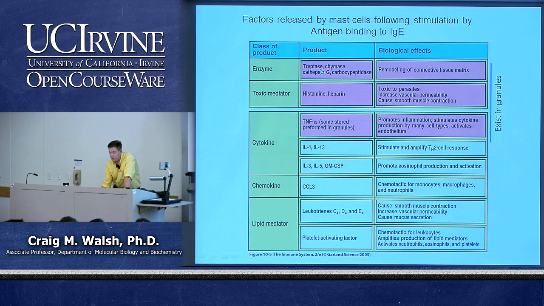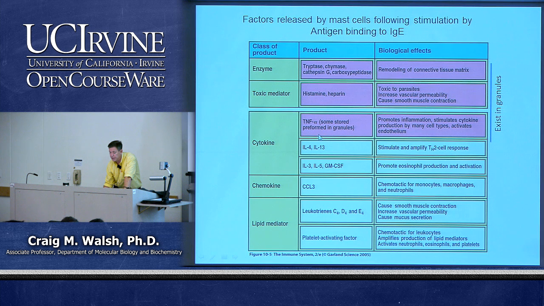Some examples are tryptase, chymase, cathepsin G, et cetera. Certain toxic mediators like histamine and heparin are toxic to parasites, can increase vascular permeability in an attempt to wash that parasite out of that tissue through the blood, and also induce smooth muscle contraction.